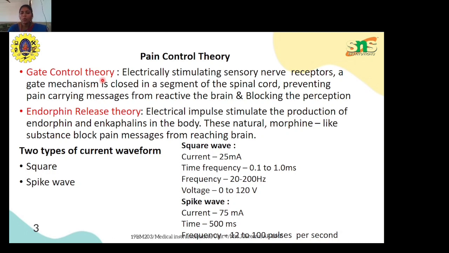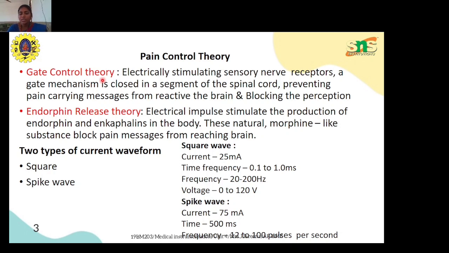Since it is closed, the pain signal is not left with any way to reach the brain, so it is blocked there. Ultimately the pain signal is not reaching the brain, so the brain will not react to that instruction. As a result, we will have no sensation of pain.